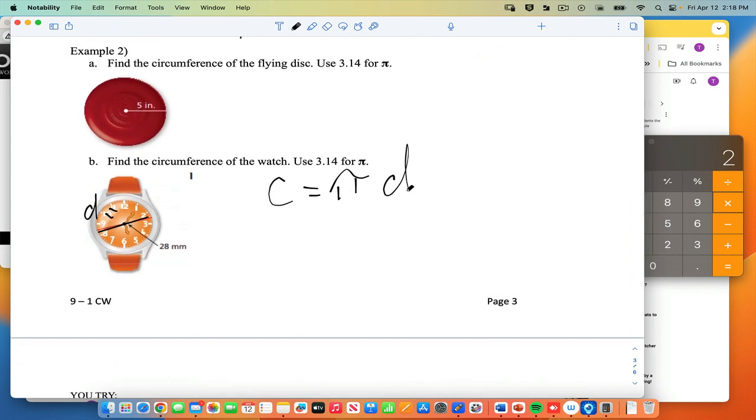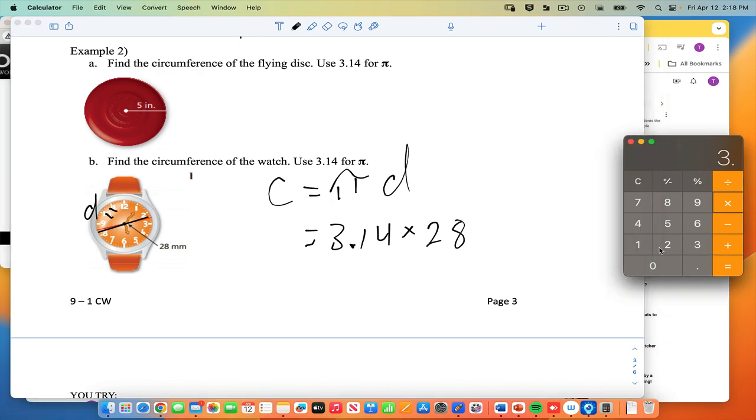What's the number that we use for pi again? 3.14. Good. Do 3.14 times the diameter of this one, 28. 3.14 times 28 gives you your answer. Plug that in. What do you get for this?